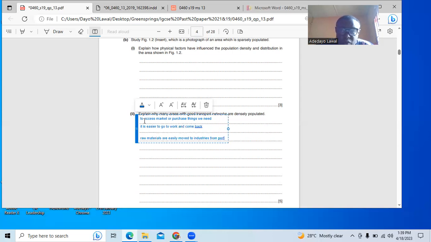When you ship in raw materials, you can easily transport them to your site where you need them. Then farm products are easily moved or transported to the city or to where they are needed.